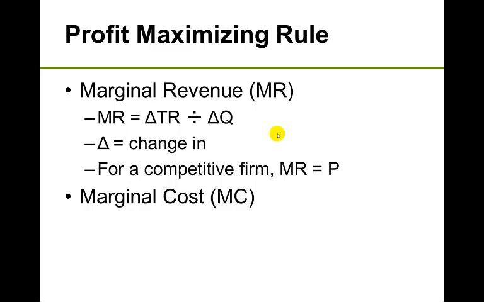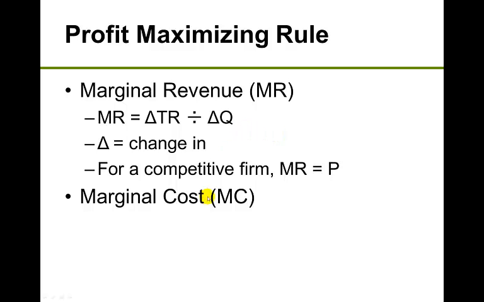So the first marginal concept we're going to talk about here is marginal revenue. This is basically how much revenue a firm can get if it changes its output a little bit. So marginal revenue, the math definition is you take your change in total revenue and you divide it by your change in quantity. That gets you your marginal revenue.